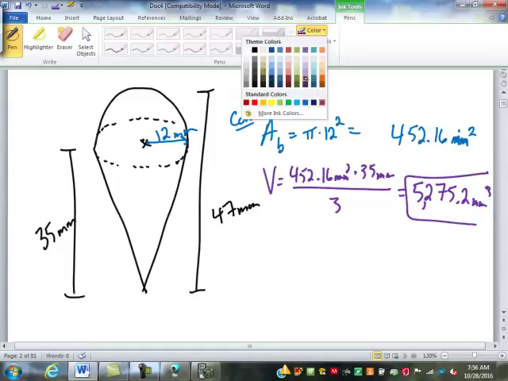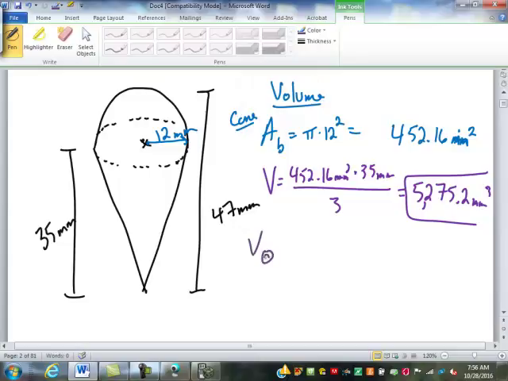For the sphere, it is 4 over 3 times pi times 12 cubed divided by 2 because it is only half a sphere.